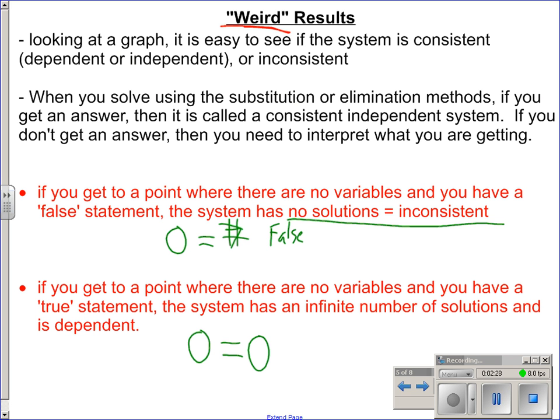I've never seen it happen, but I suppose it could be. But either way, it's a true statement. So you've eliminated all the variables, and you've eliminated the constants. It's a true statement. 0 equals 0. This is telling you there's an infinite number of solutions, which is the dependent, consistent system. So weird results, this is how you interpret them.